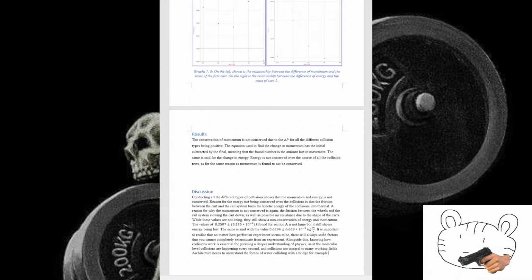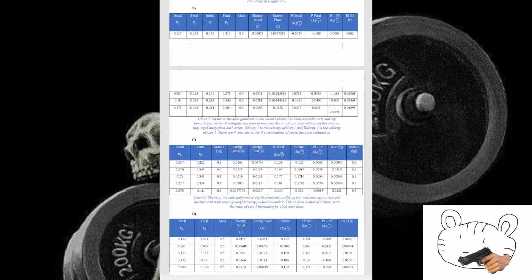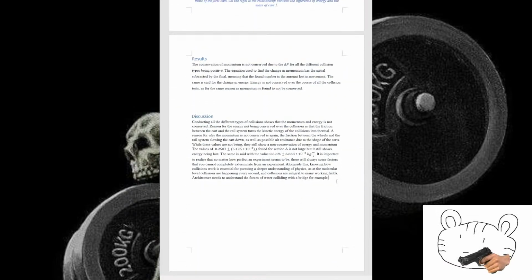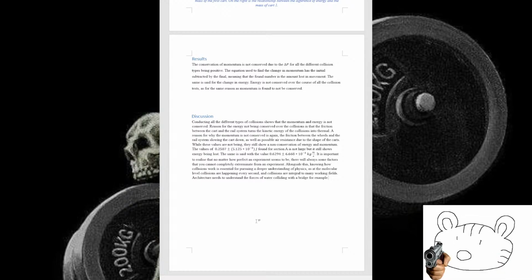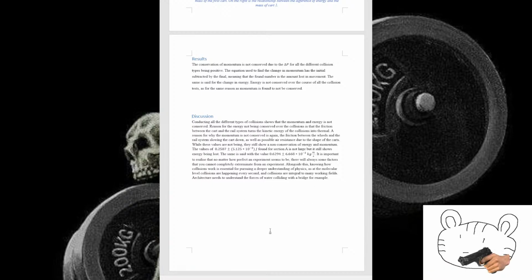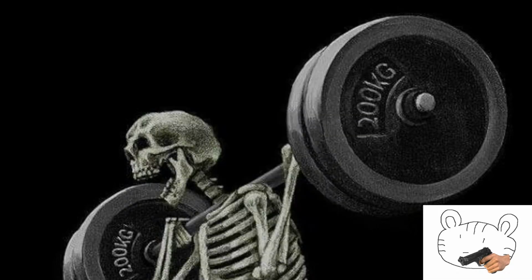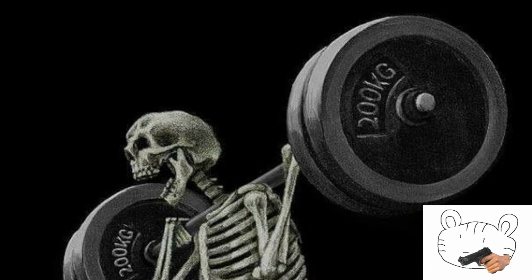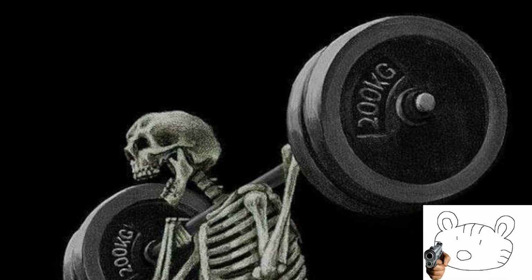Okay, I think this is good. Yeah, I think this is good. This is not one of my best ones, but it's pretty good. I hope you guys like my background. I just took it off of Squatic Skeleton, because skeletons are hard.